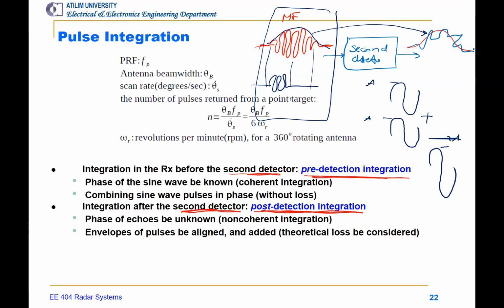If we add these two envelopes, then we'll have some loss, because they are not aligned over the envelope, just like a sinusoid. In a sinusoid, we align them easily. We'll have very small loss as long as we get the peak values and align them precisely. So we got some loss because we simply add these two signals.